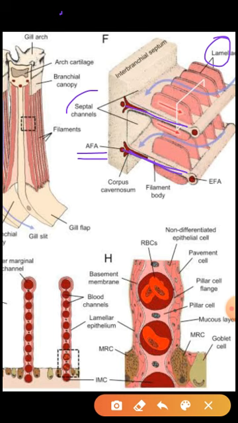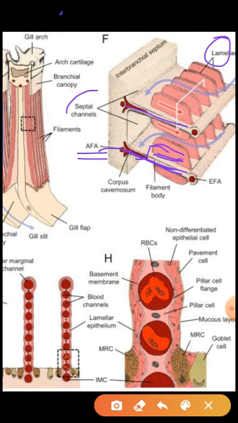Simply an arteriole it will be. This is supplying blood into the filament, and from the filament it will branch into capillaries, right? It will branch into capillaries, and these are the capillaries, and the capillaries are in this direction, right?